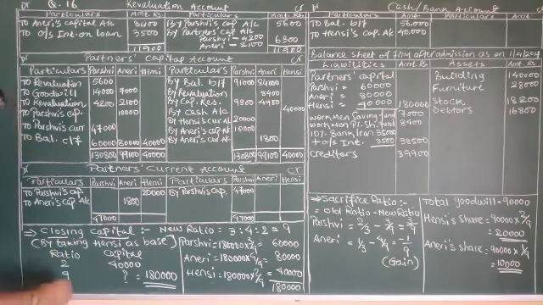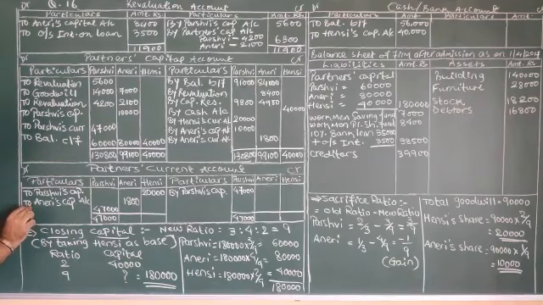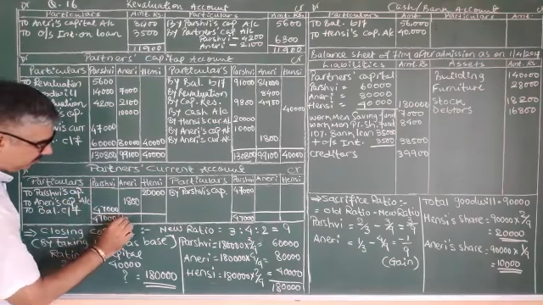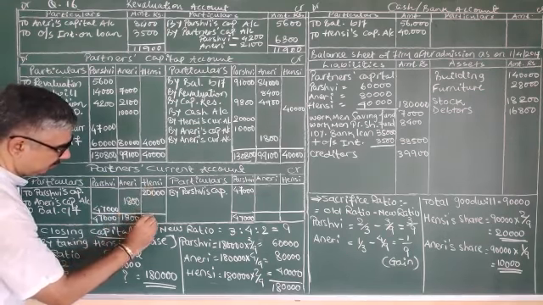Okay, so initially the balance carried forward. In case of Aneri, it is 1,800 on debit side. Here also 20,000 on debit side.